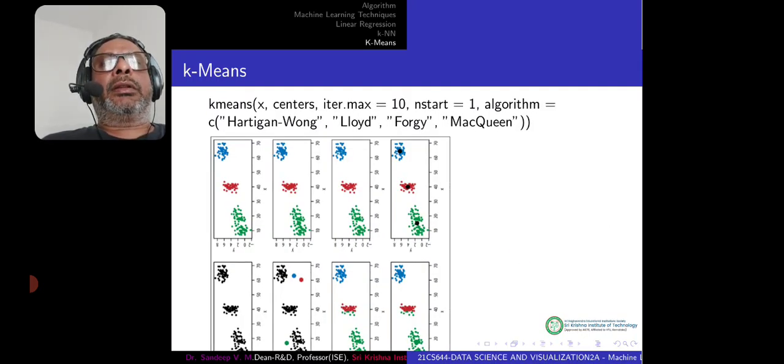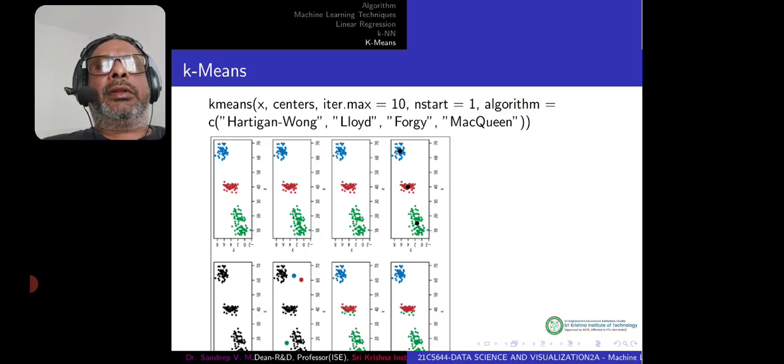Looking at this, if you start from the bottom left, you see that all the points are black. Then we start with the three centroids, that's the second one on the bottom: green, red and blue points.